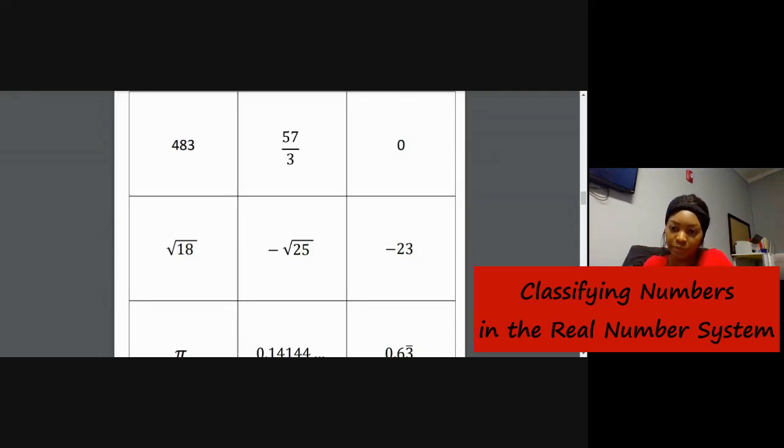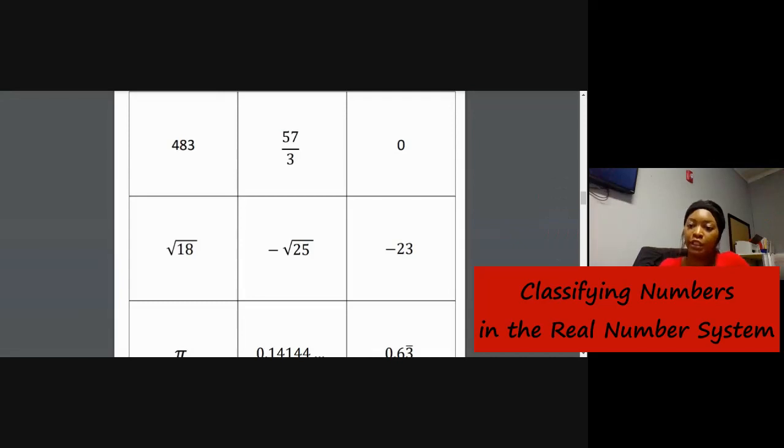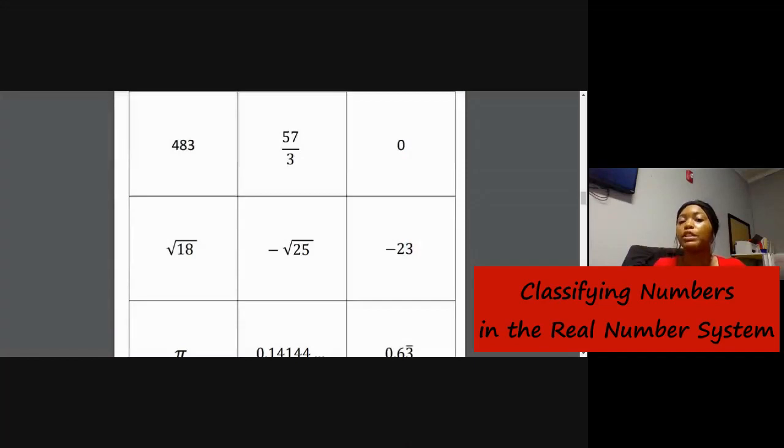Zero. Talk to me about zero. Put in the chat all the letters that you think zero is. Is it rational, irrational, natural, whole? Notice sometimes there are more than one thing, so I want you to put all the ones that you think apply.